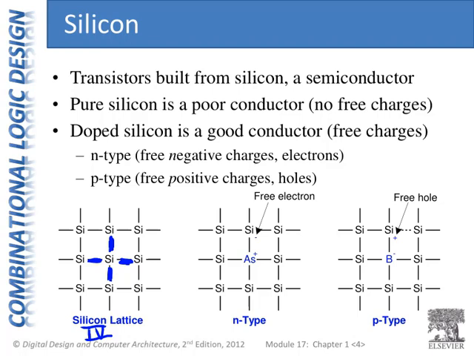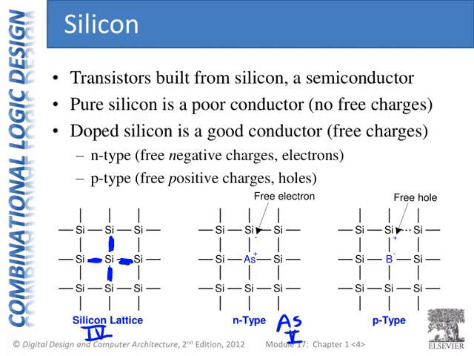Here's an example of a doped silicon lattice. We get these atoms in there either by diffusion or bombarding the silicon lattice with these other atoms. So in this case, we have arsenic. Arsenic is a type 5 atom. So that means it has 5 electrons in its outer shell.